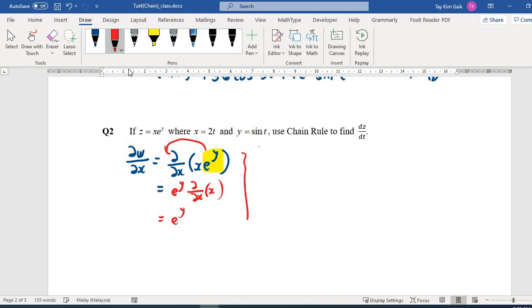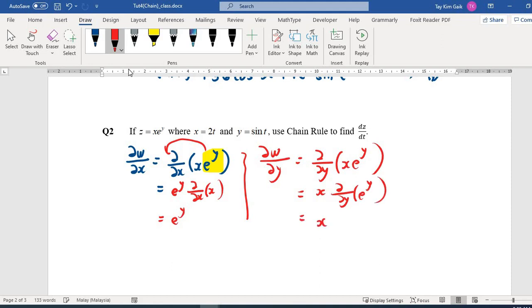Then you find your del z del y, which is del y of x exponent y. So when you del y, x is constant, so you factor out your x and then you del y exponent y, you get back exponent y.